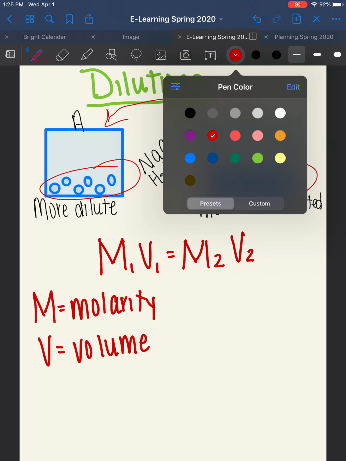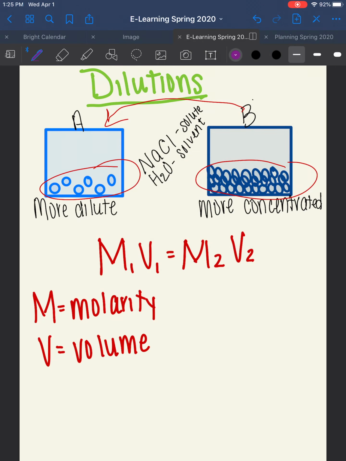Let's say this has a concentration of 0.6, which makes it a little bit more realistic. And say this one has 3 times that, approximately. I can't do mental math, but say this one is a lot more concentrated.